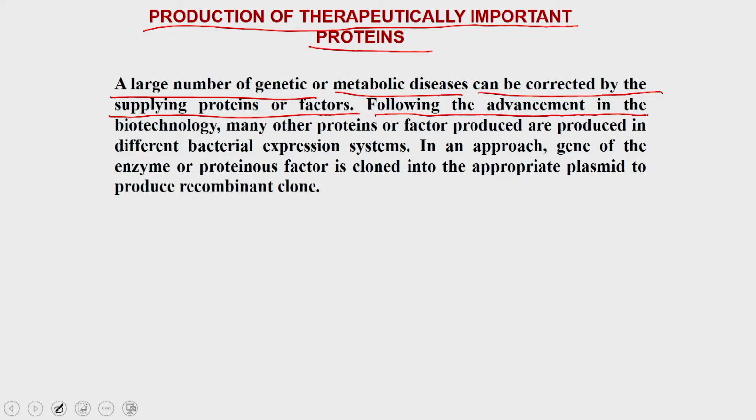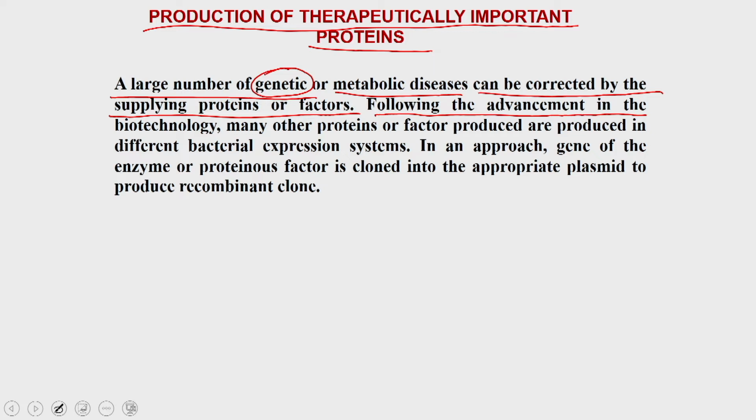Suppose you are genetically mutant for a particular enzyme, or at a particular stage of your life cycle you are programmed in such a way that you will not produce that particular enzyme. In both of these conditions you are going to develop metabolic diseases.